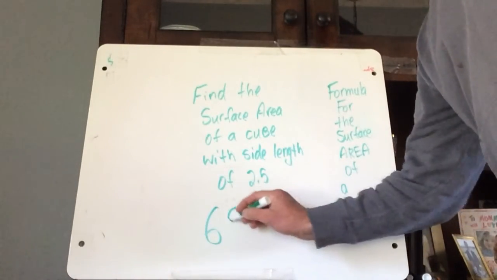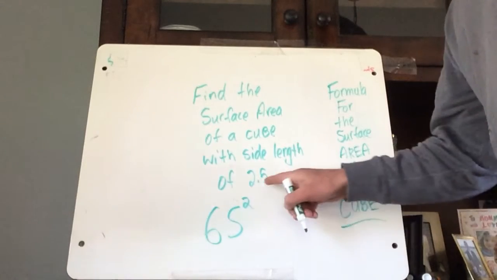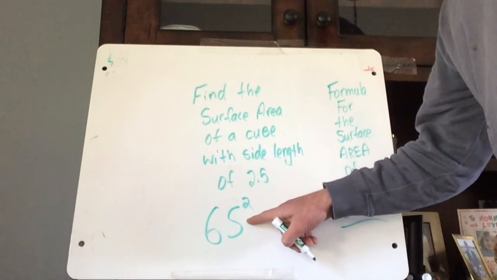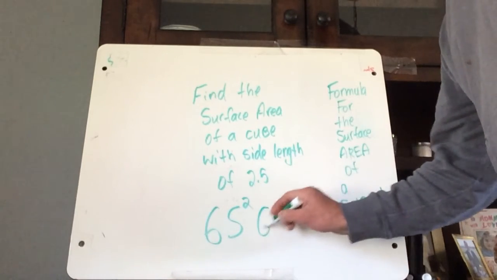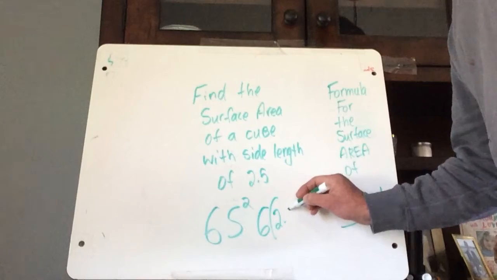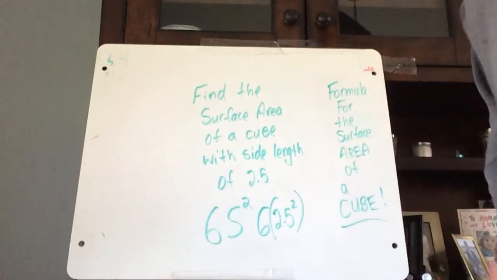6 times side squared. We learned in algebra that you just plug this in. So if our side is 2.5, well, it's 6 times 2.5 squared.